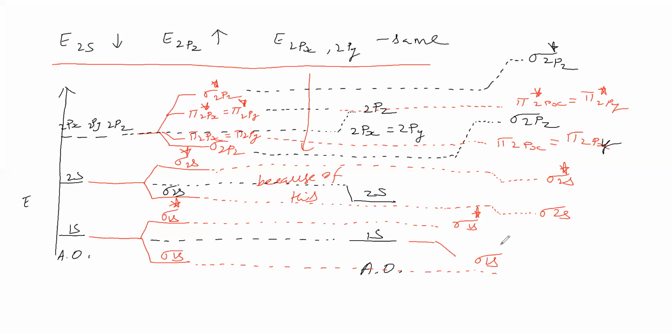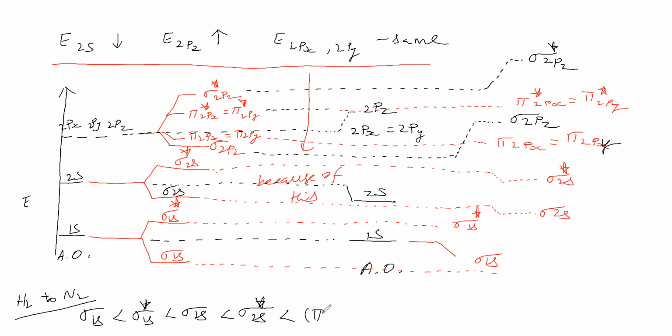Okay, the order of energy of molecular orbitals up to N2, from H2 to N2, is: sigma 1s less than sigma star 1s less than sigma 2s less than sigma star 2s less than pi 2px equal to pi 2py, then less than sigma 2pz, less than pi star 2px equal to pi star 2py, then less than sigma star 2pz.